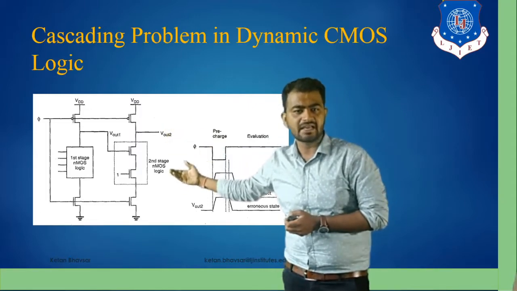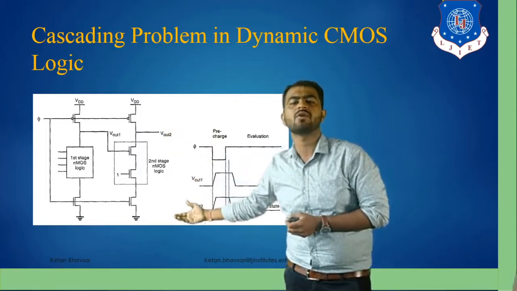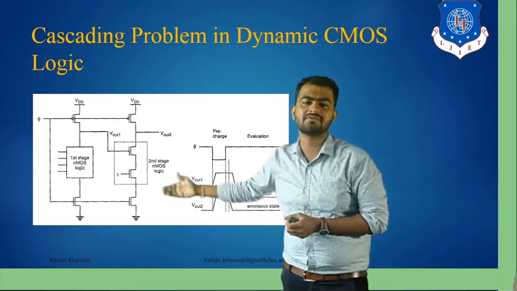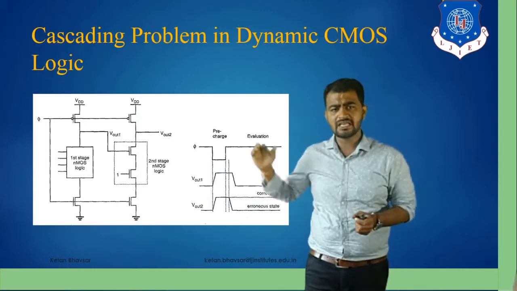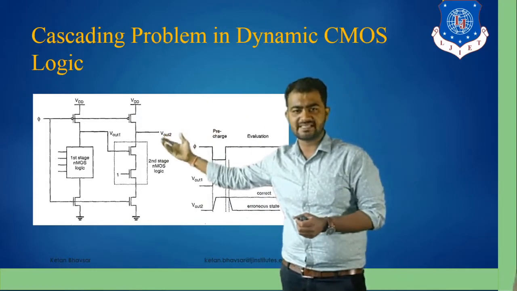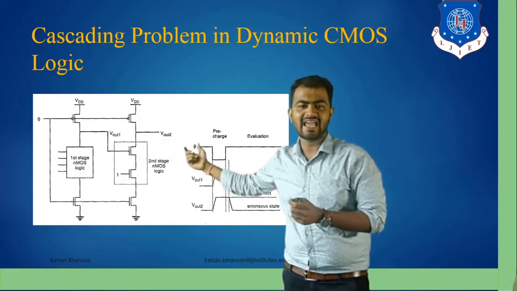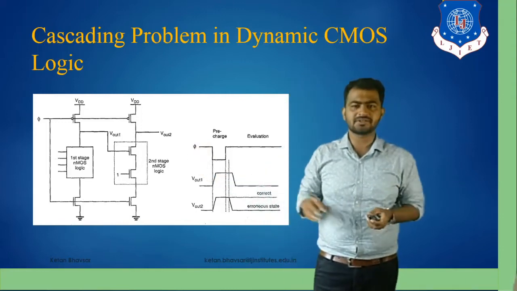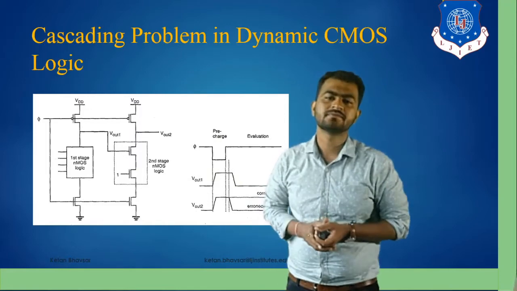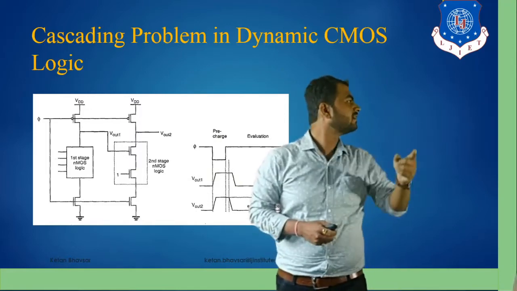I am connecting here the NMOS configuration block, and one more NMOS is also connected. It is equally connected with the PMOS circuit. Now the output of the PMOS, we can say, drives the next N stage block circuit. Now what exactly is happening in this particular circuit, as you can see. What is going on?